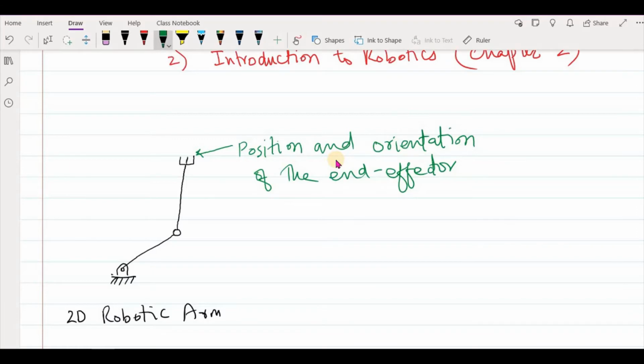The process of finding the position and orientation, we call it kinematics. So we can use kinematics to find the position and orientation. For that, theta, the angles of these two joints, must be given, and also the link lengths must be given. If these quantities are given, then we can find the position and orientation of this end effector.